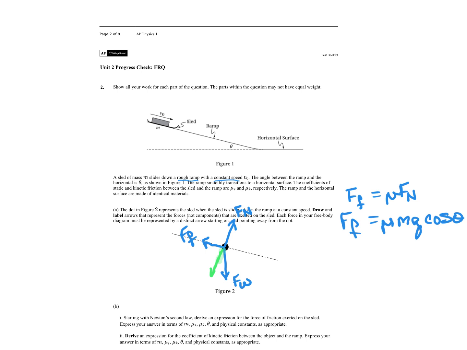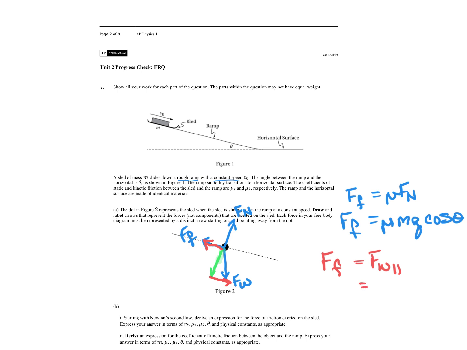If this is moving at a constant speed, that means my force of the weight parallel to the incline and my force friction have to be equal to each other. So I could say my force friction is equal to force weight parallel to the incline.